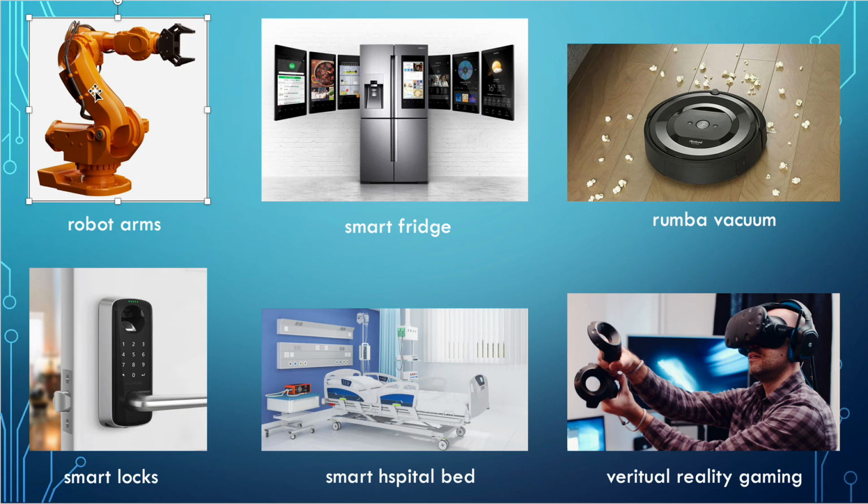There will be cameras to see what kind of object they are trying to handle. There will be gyroscopes and other sensors to detect the location of this particular arm in space, and so on, right?